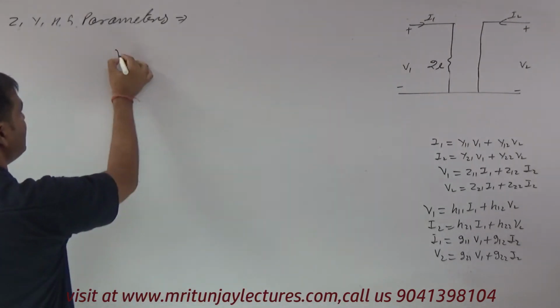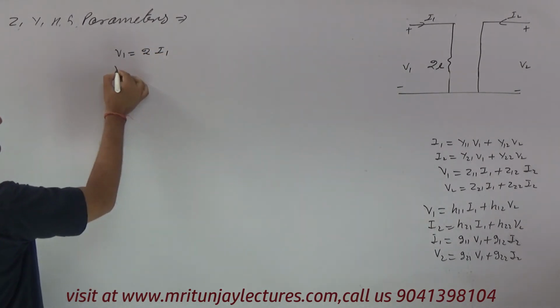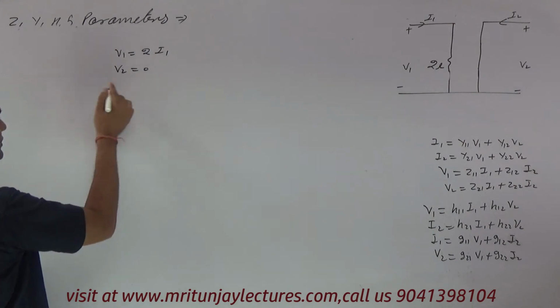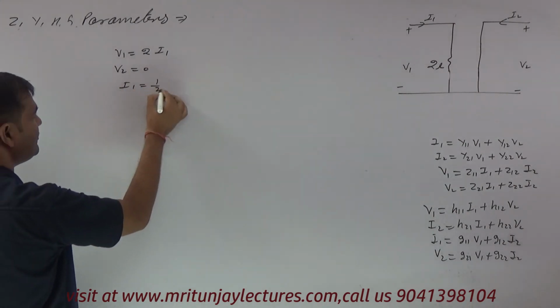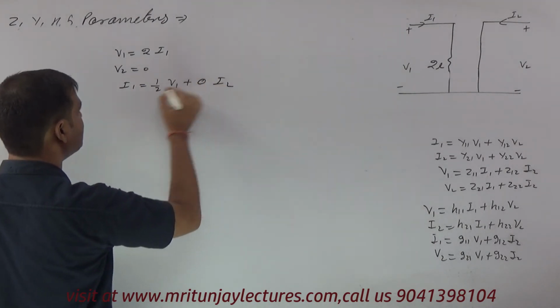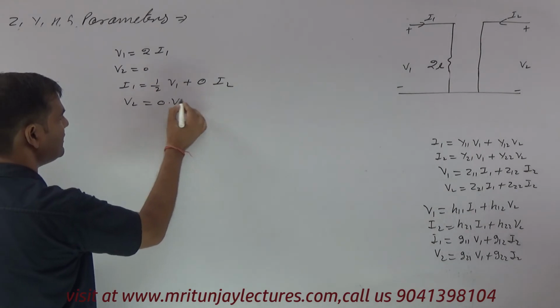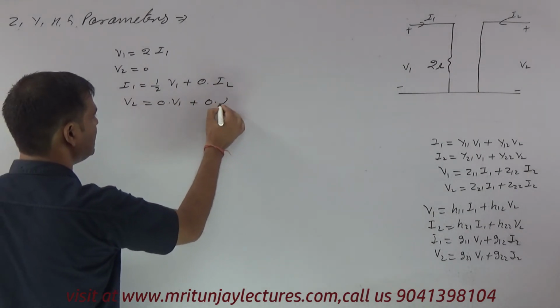Now V1 is equal to 2I1 and V2 is equal to 0. So I1 is written as 1 by 2 into V1 plus 0 into I2, and V2 is written as 0 into V1 plus 0 into I2.